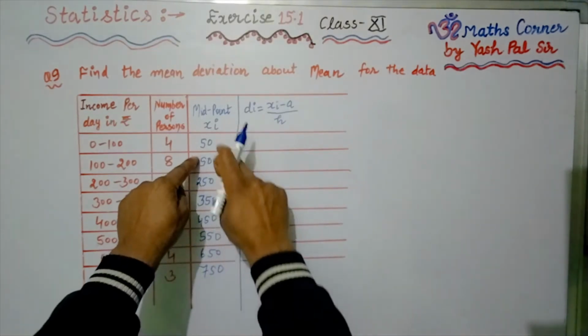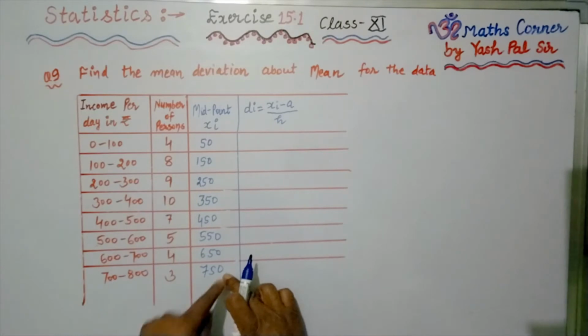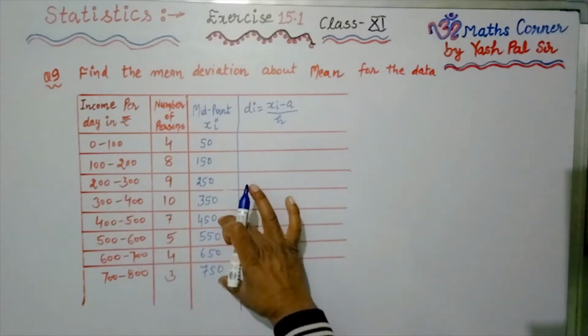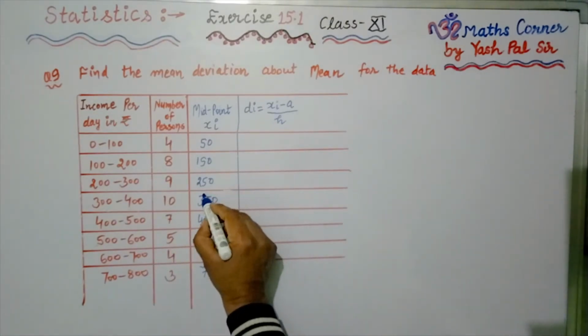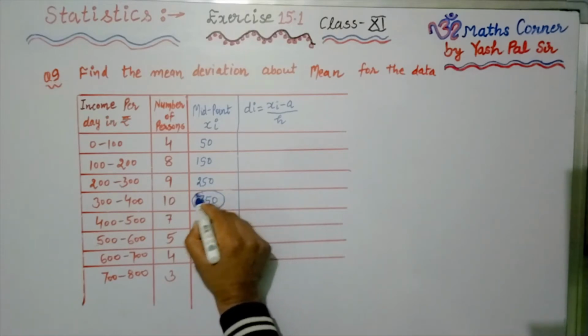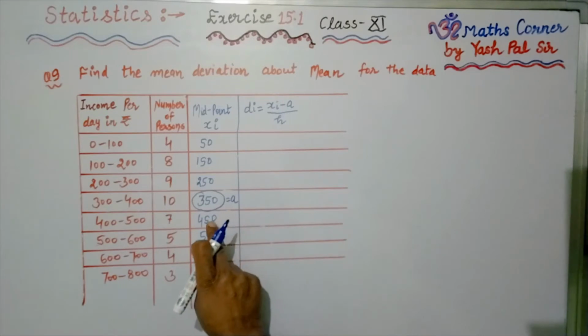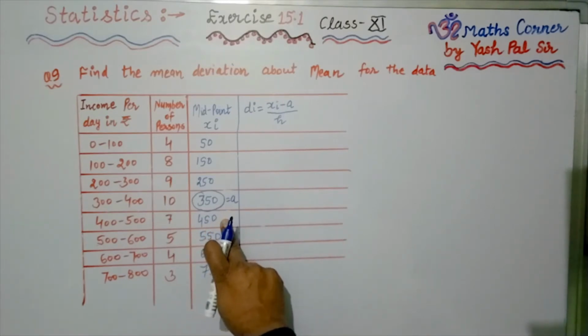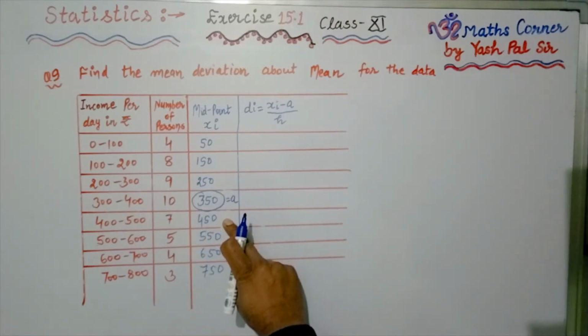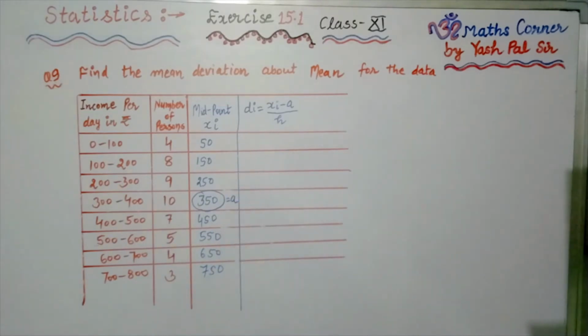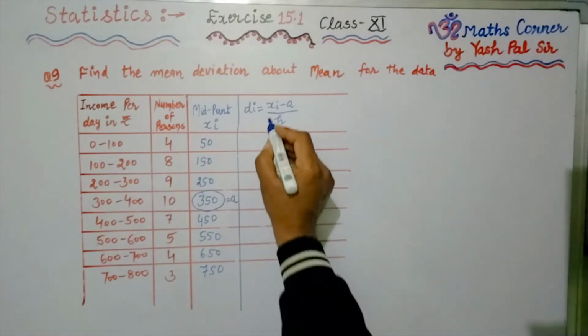There are 8 terms. Out of 8, 4 terms are kept below, and suppose this one in the middle is equal to a. We can also take 450 as a. Even then we can solve the question. Okay, in the middle we take the assumed mean.